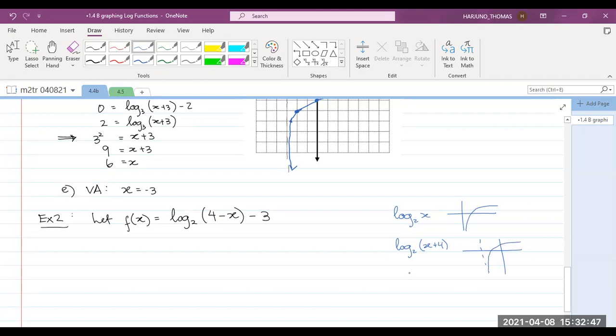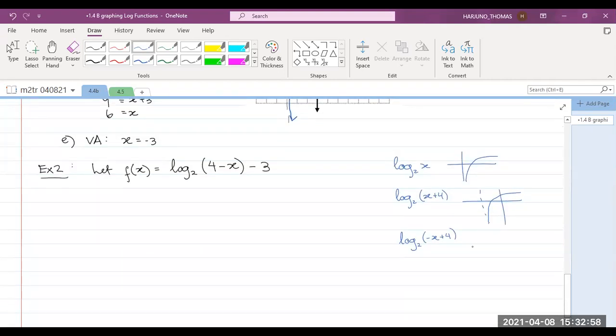Now then replace x by negative x. When you replace x by negative x, you reflect the graph with respect to the y-axis. So now the graph looks like this. And then you move down 3 units.